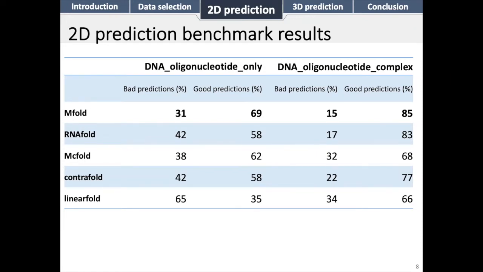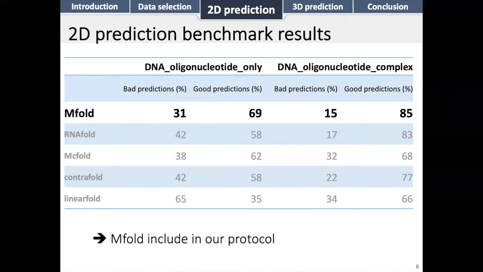And finally, we can see that M-fold is the best to predict the secondary structure compared to the other ones, with 69% of correctly predicted secondary structures in the first data set, which contains oligonucleotides only. And for the second one, 85% of structures correctly predicted for oligonucleotides in complex. So we will use M-fold in our protocol to predict the 3D structure.